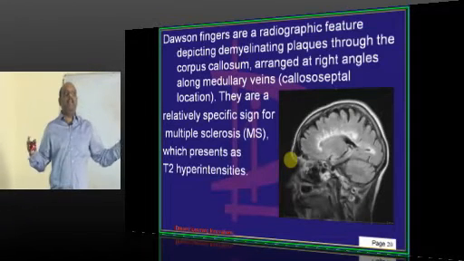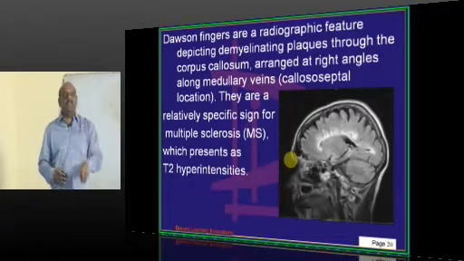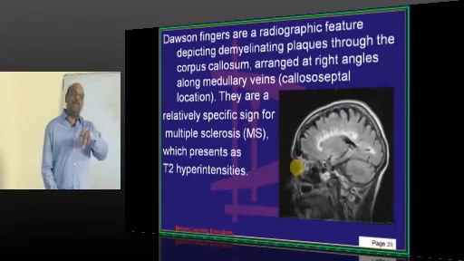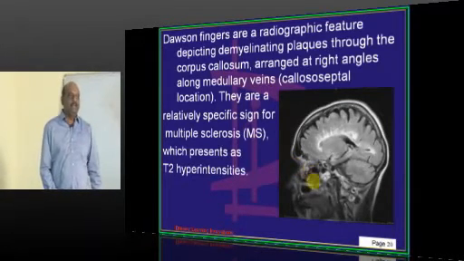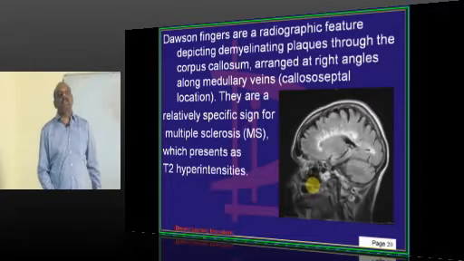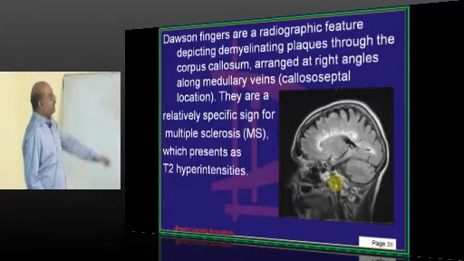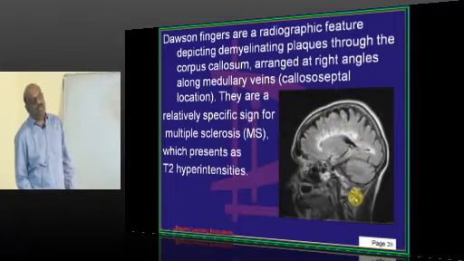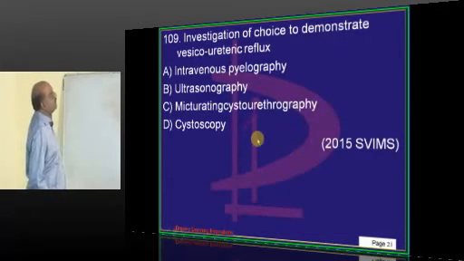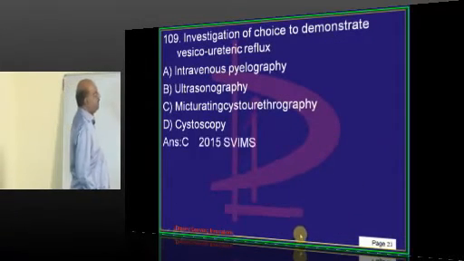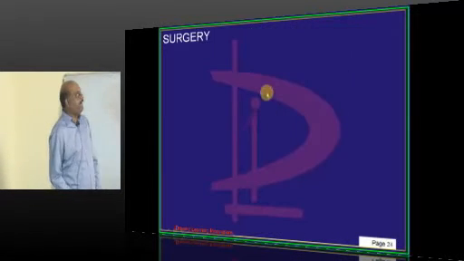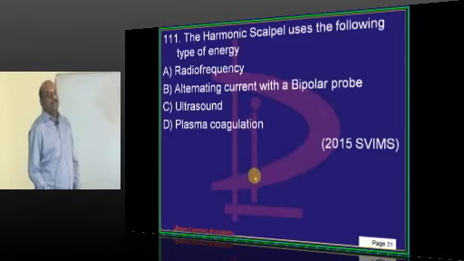Unless bilateral vascular insufficiency occurs, infarction doesn't occur in the callosal area. Even an infarct can lead to a T2 hyperintensity, but it is unlikely in the corpus callosal area. So this kind of hyperintensity in the corpus callosal area is basically called Dawson's fingers, which is what you see in multiple sclerosis. Vesicoureteric reflux classically is diagnosed by MCUG, which is micturating cystourethrogram.